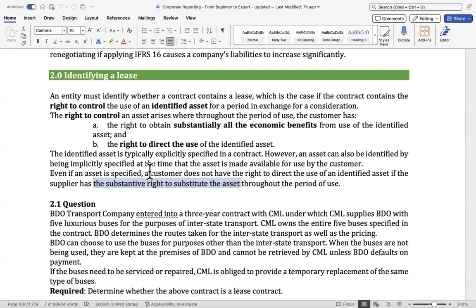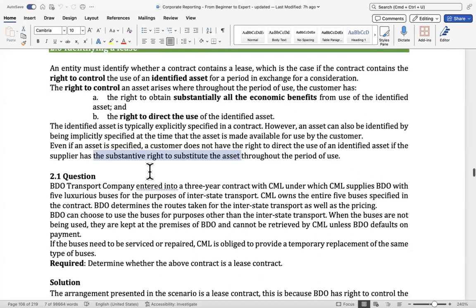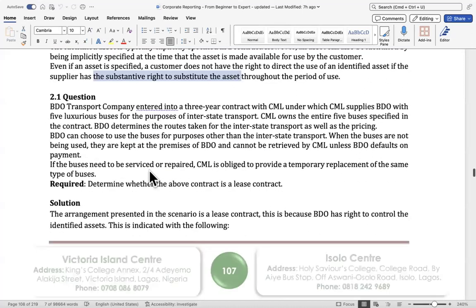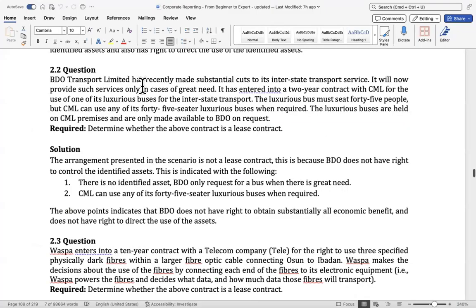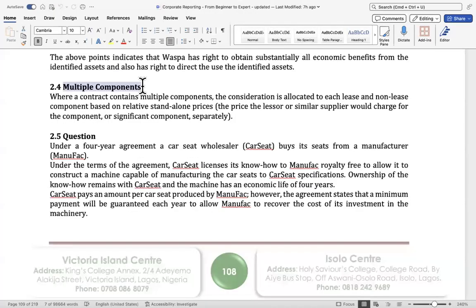We solved some questions. I showed you some scenarios just to be sure that you understand how to identify a lease in a contract. Particularly, we also addressed a situation where we have a contract with multiple components, where that contract has a non-lease component, meaning lease is just part of it. There are other parts of the contract that are non-lease. And I gave you a scenario of a car seat company that buys seats from a seat manufacturer.